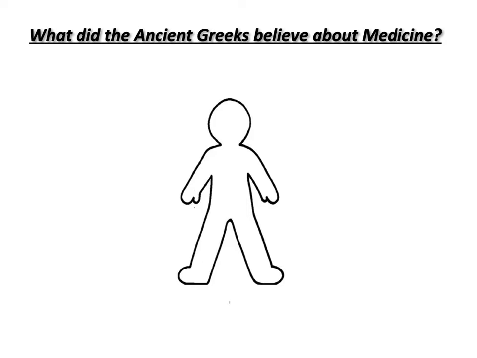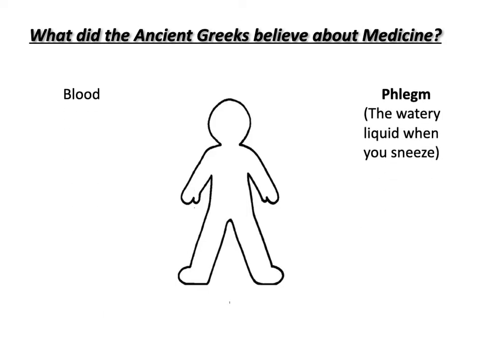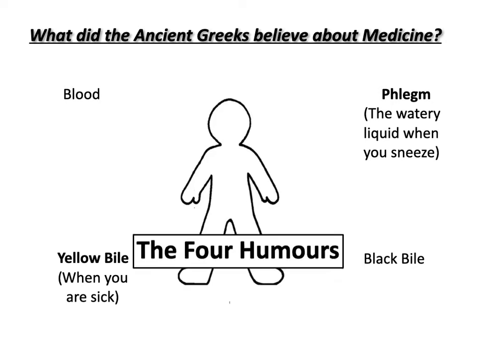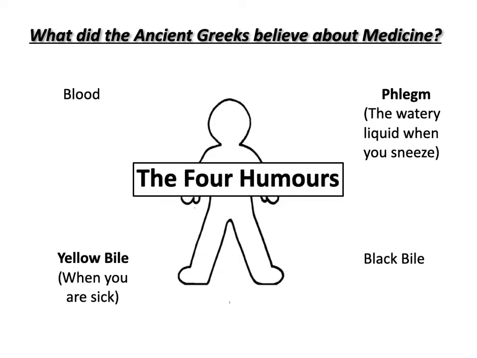They believed that the body was made up of 4 different liquids: blood, phlegm, yellow bile and black bile. So it's your blood, your phlegm, the yellow bile is like when you're vomiting, the kind of acid in your stomach, and black bile is essentially referring to your poo. Together we call them the 4 humours.